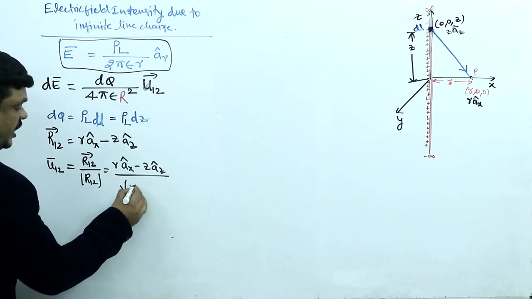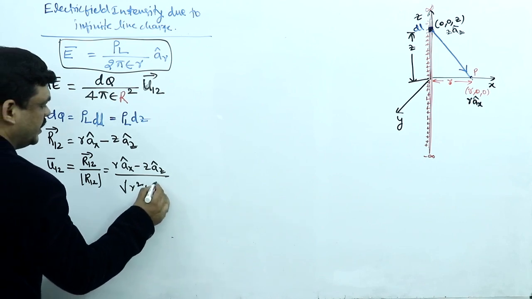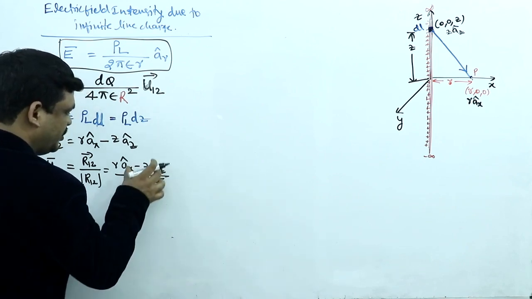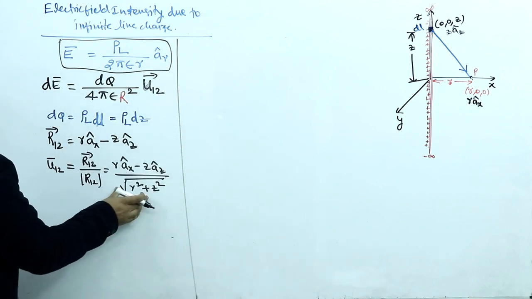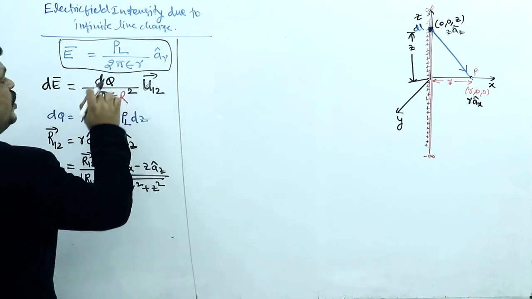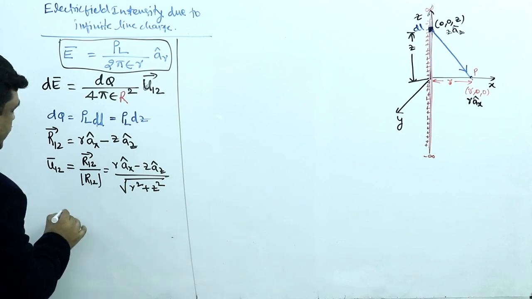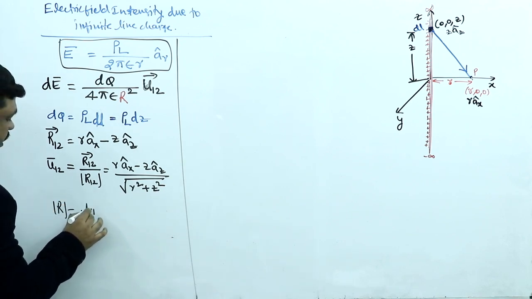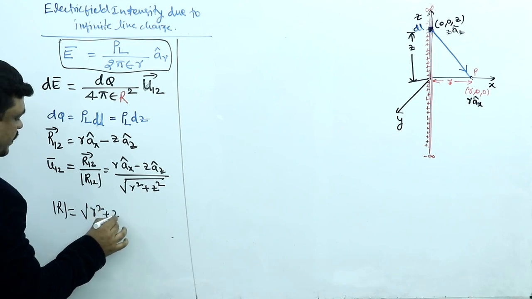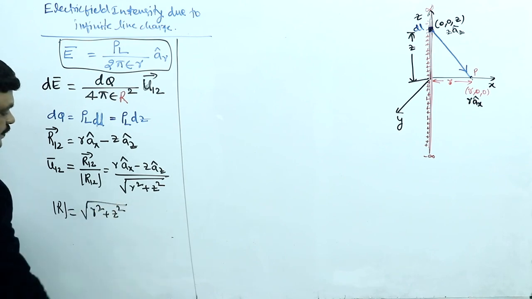Magnitude means we write the square root of r square plus z square. Finally, this gives the unit vector. So the unit vector is finished and dq also, and later we have to write this r here. r is nothing but the magnitude, which again is the square root of r square plus z square.